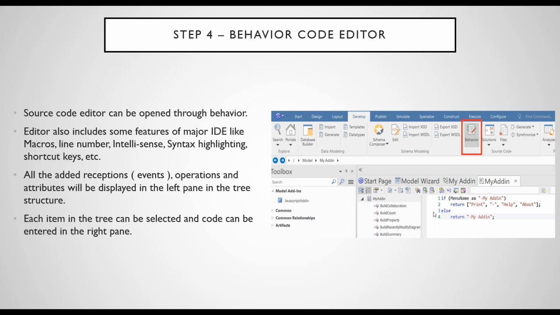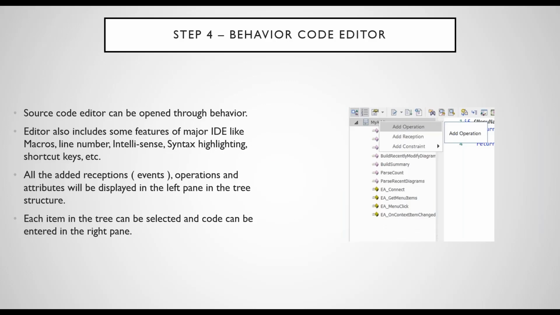It even has some wonderful features like language highlighting options and recording macros. All the scripting related to the model should be created inside this editor. This editor can be found under the Develop menu option through the Behavior window.